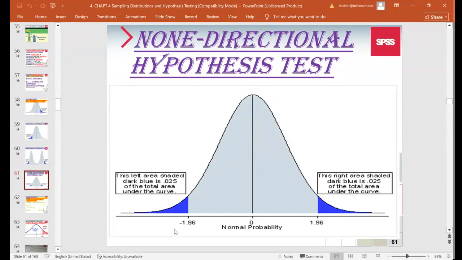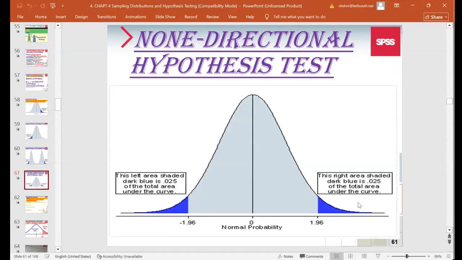Once you calculate the Z, if the Z comes out positive, then you're on the right tail. If it's negative, you're on the left tail. And if the calculated Z is greater than, let's say, 1.96 in this case, if alpha is 0.05, which is 0.025 on each tail, then the Z falls into the red zone, which is the rejection zone.